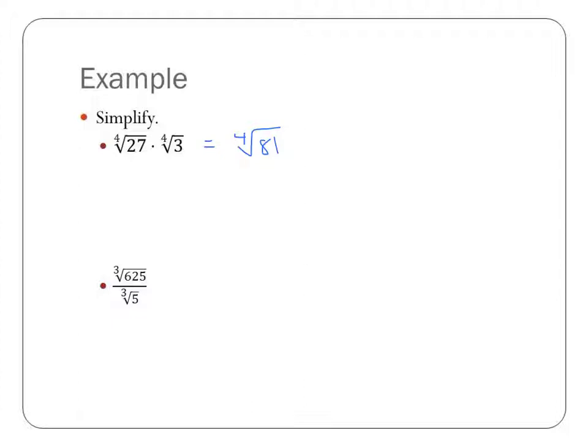Actually, let's try the 4th root of 81, and the 4th root of 81 is 3. So there we go. All right, and the next one, again, because they have that same index, we can go ahead and divide them. So we're going to get the cube root of 125. Cube root of 125 is 5. Very nice.